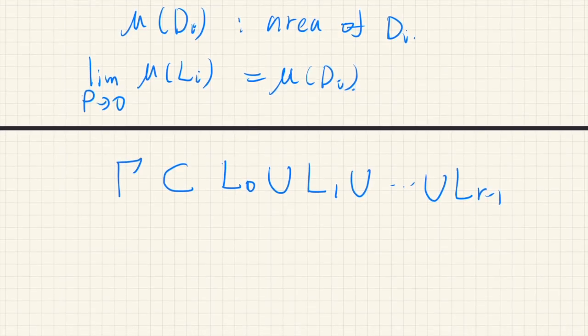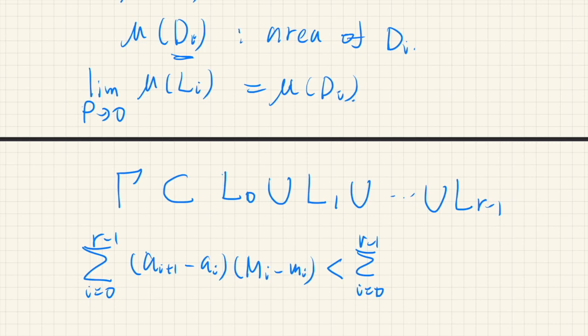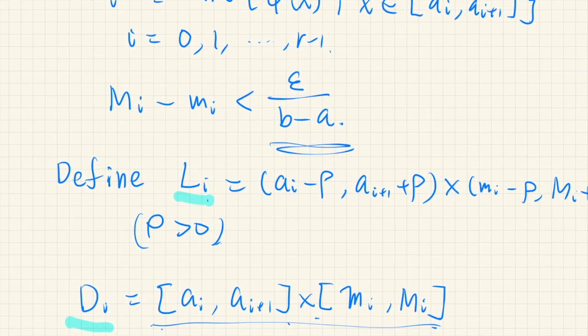And the sum of the areas of these rectangles, where the area of each rectangle is (a_{i+1} minus a_i) times (M_i minus m_i), is less than the sum from 0 to r minus 1 of (a_{i+1} minus a_i) times epsilon over b minus a.